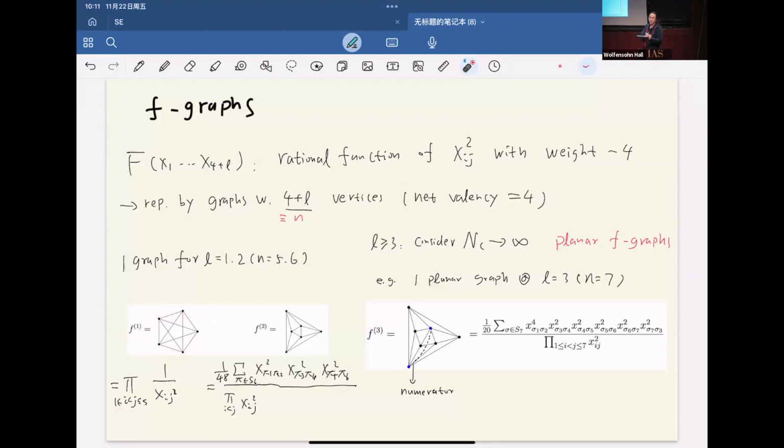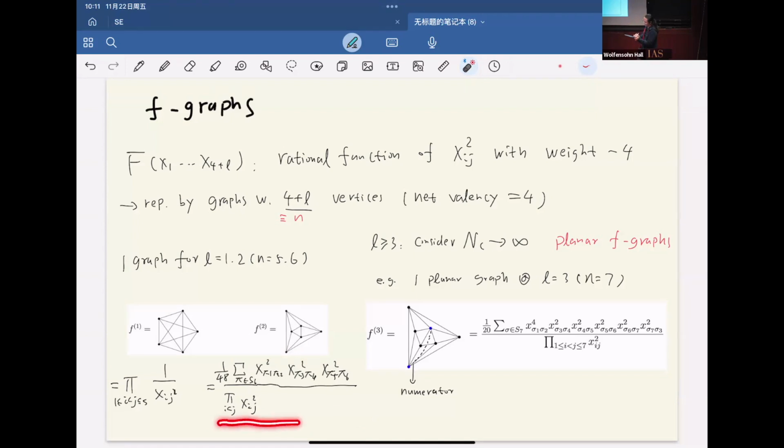So you learn the first thing: at one loop, there's no computation to do, because there's just one graph that satisfies the permutation invariance and the weight 4 condition. Actually, it's also true for 2 loops. That's the only graph you can draw that has 6 vertices and valency 4. This single graph is representing a sum over all the permutations of the 6 points.